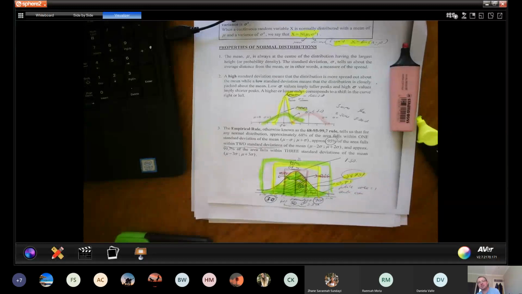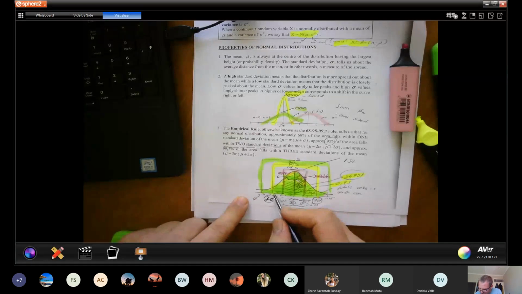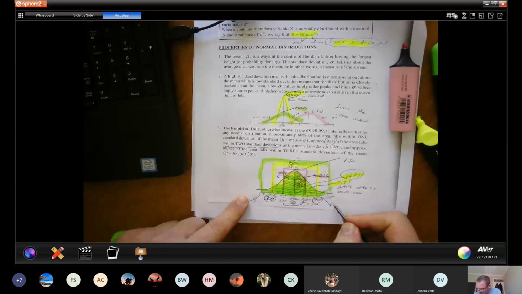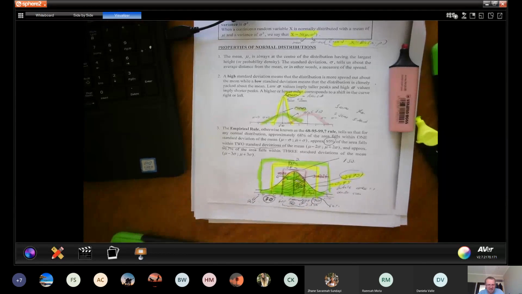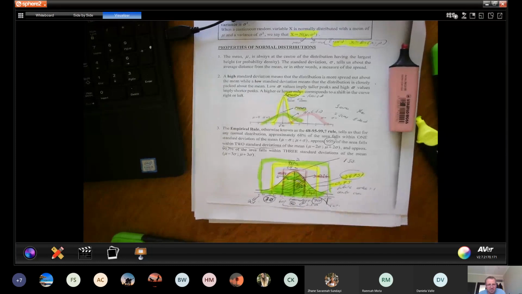If something is normally distributed, I'd expect 99.7% of people to get a mark within 3 standard deviations to the left. So we started at 50, 40, 30, 20, and 3 standard deviations to the right is 80. So I'd expect nearly 100% of people to get a mark between 20% and 80%, on condition that it is normally distributed.